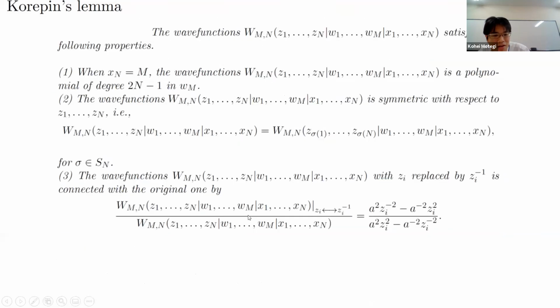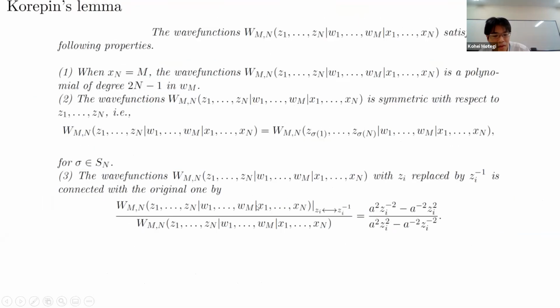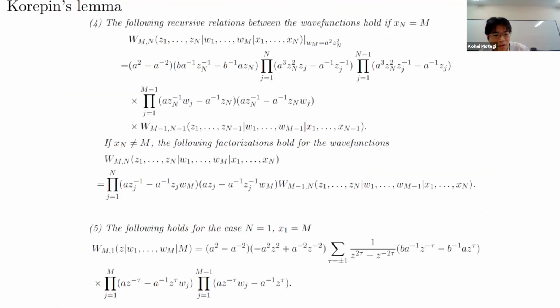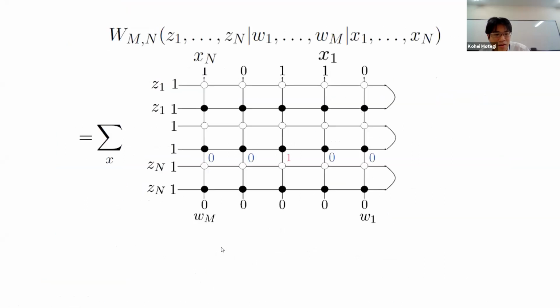This symmetry is the relation between this partition function and a partition function in which, for example, Z1 is replaced by Z1 inverse. And you can see this kind of proof of this symmetry originally, I think, in Ivanov's paper, so I will explain this a little bit.